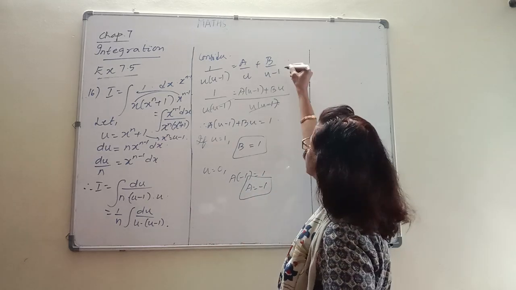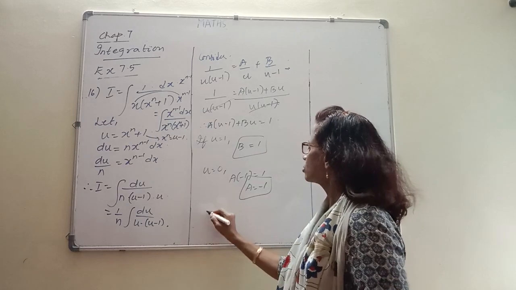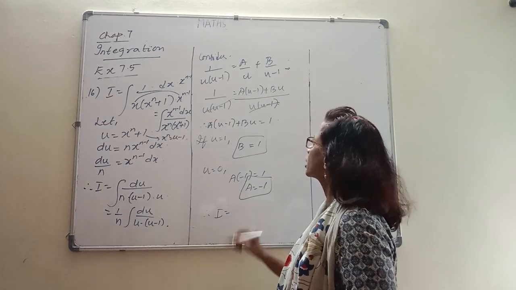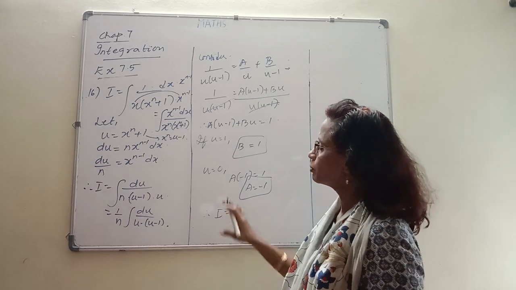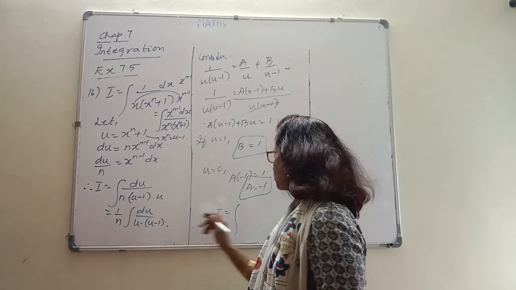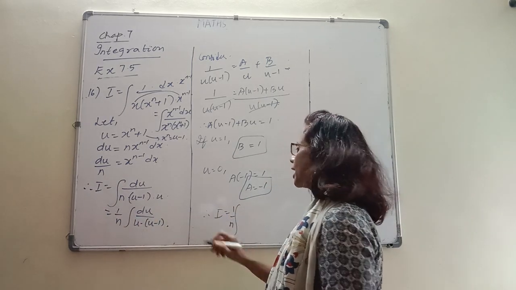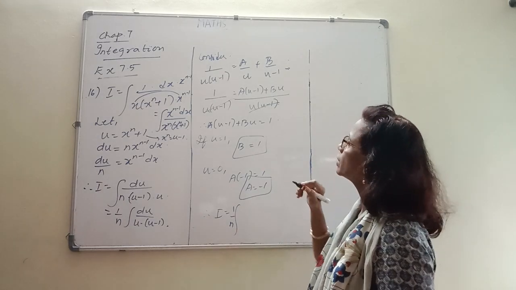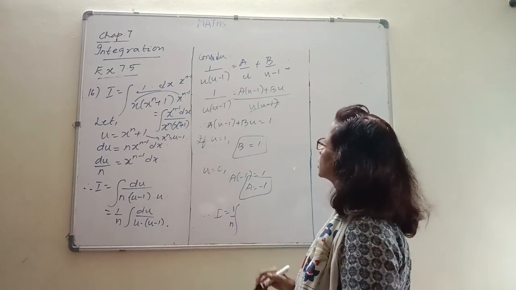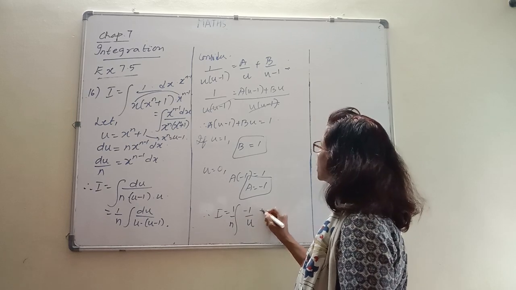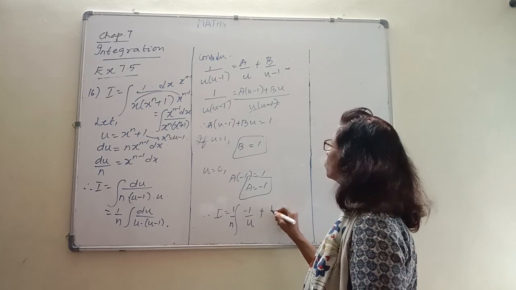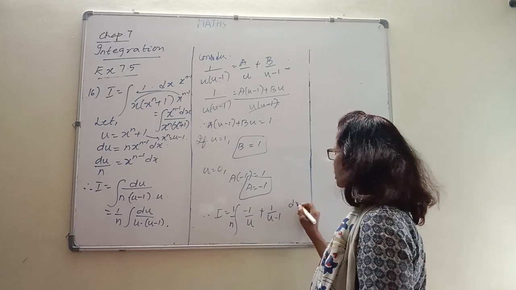So it is this that you have to take care. So your I now becomes the integral of, let's be careful to put all the parts together, 1 over n is there, and du over u times u minus 1, we can write it like this: A over u, that is negative 1 over u, plus 1 over u minus 1, du.